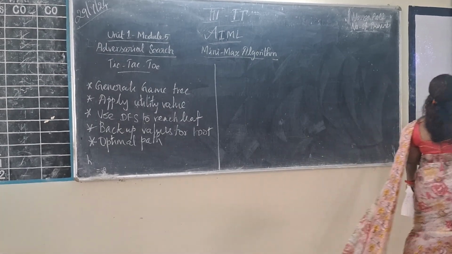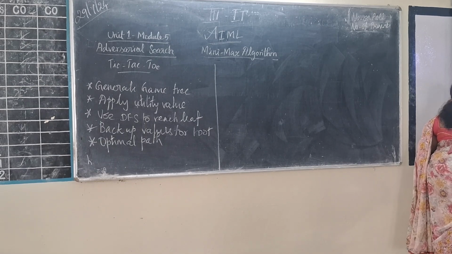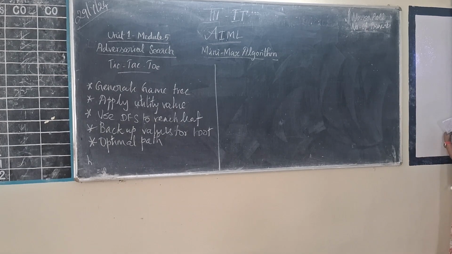So 6 will be backed up to its parent. Now here you have 4 and here you have 6. What will be the value taken for min? 4, because the minimum of 4 and 6 will be assigned to its parent. Clear up to this?